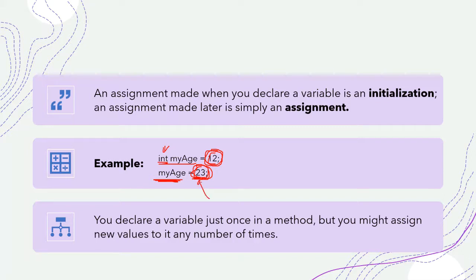However, if you have already declared the variable and you use it and assign a value to it, that is just an assignment, not an initialization. You declare a variable just once in a method, but you might assign new values to it any number of times.